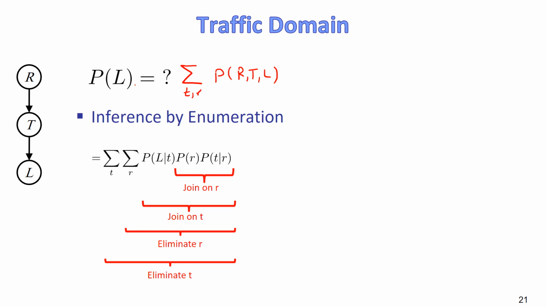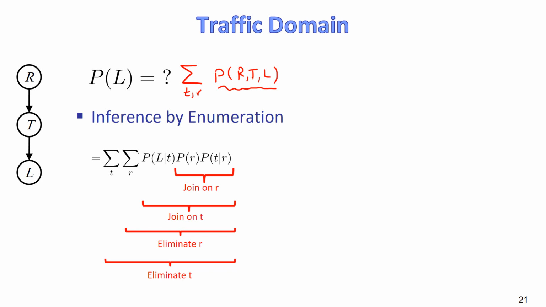If we look at this form, it looks like we need to compute this probability first, which is the big joint table, and then do the marginalization by summing over T and R. So that's exactly what we see here. The only thing is that we factored this joint probability using the Bayes net, using the conditional independence that is encoded by the Bayes net.